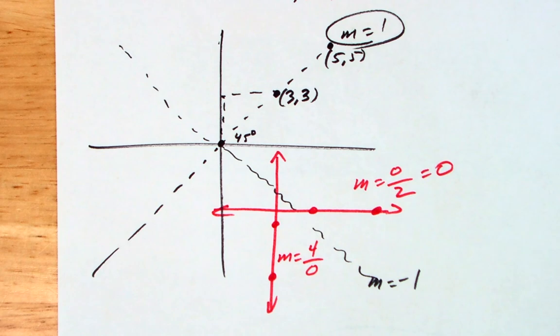Get your calculator out. What does it say? 4 divided by 0. I'm curious because different calculators say different things. Divided by 0, error. Anybody say anything different?